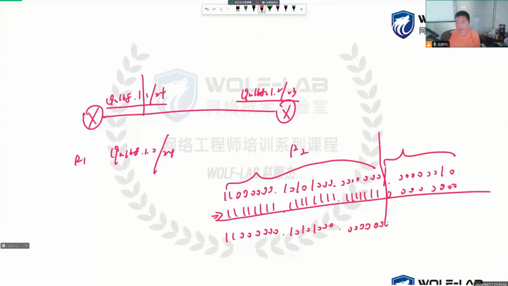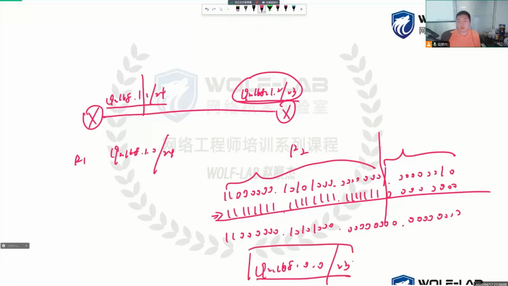The rest are host bits. The host bits contain the host addresses from 192.168.0.0 to 192.168.1.255. This is what our R2 contains. The host addresses are contained in the network segment.